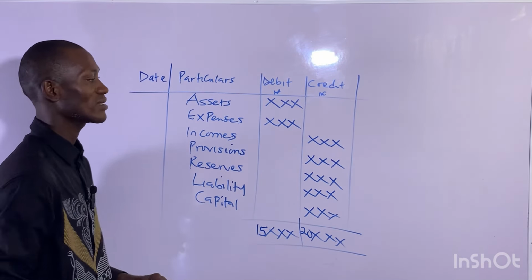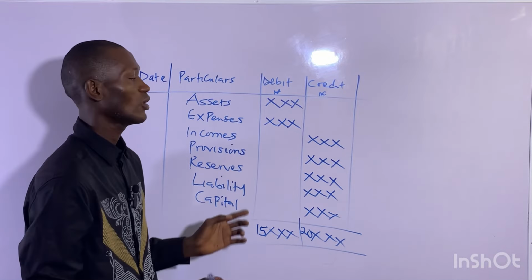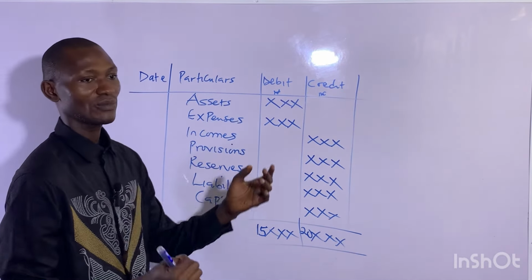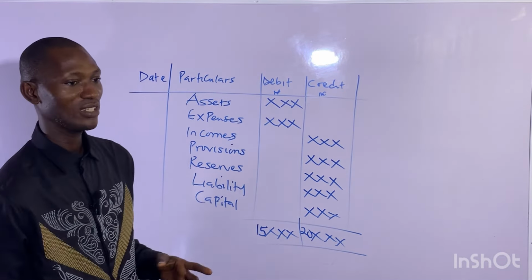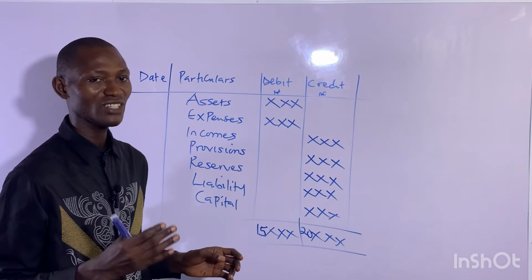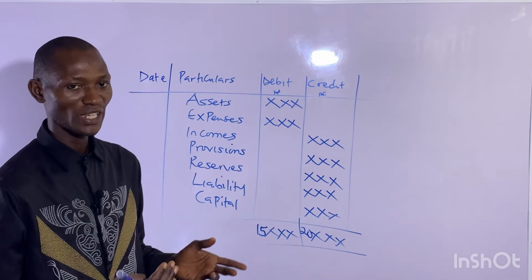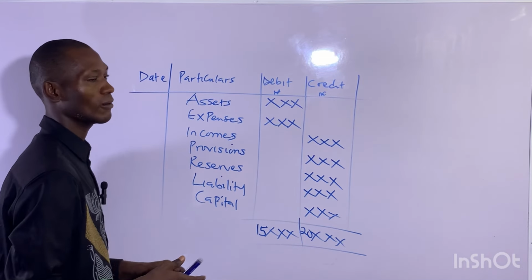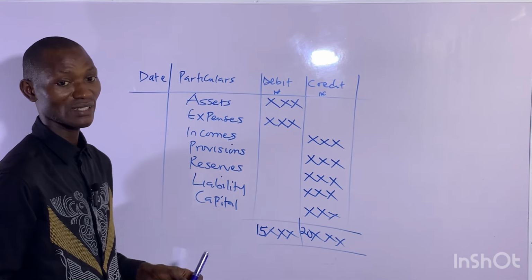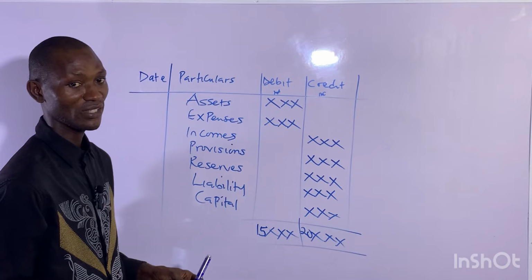And just a little aside, if you want to know whether an asset will have a debit or credit balance, the first balance in each account determines the balance that an account will have. Let's say cash account. Cash account is an asset account, current asset basically.